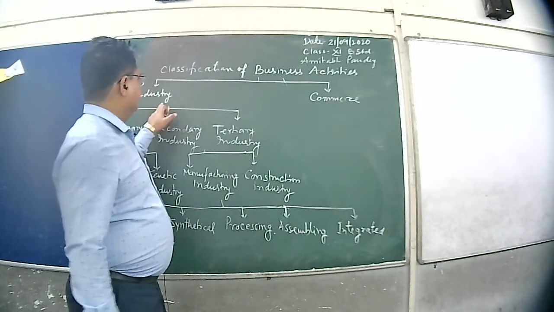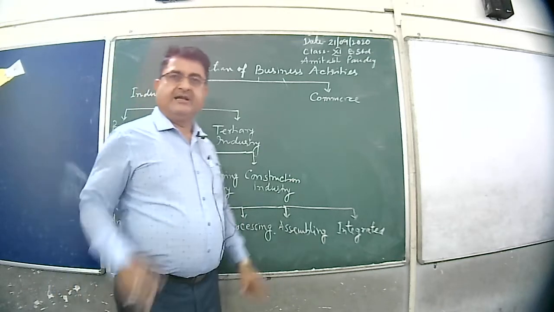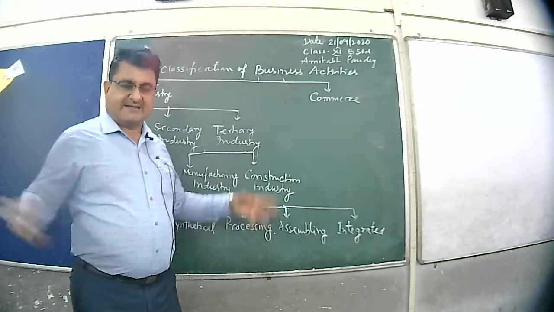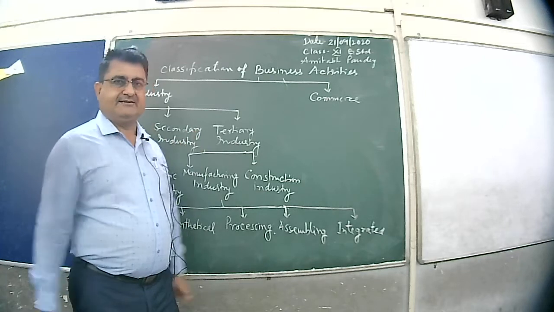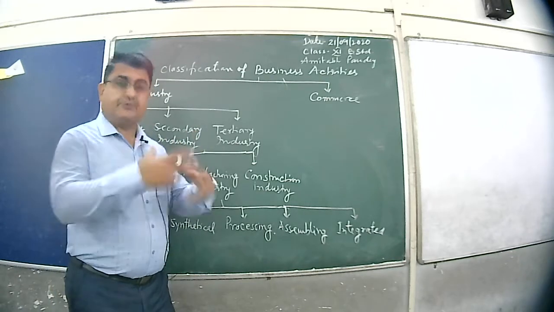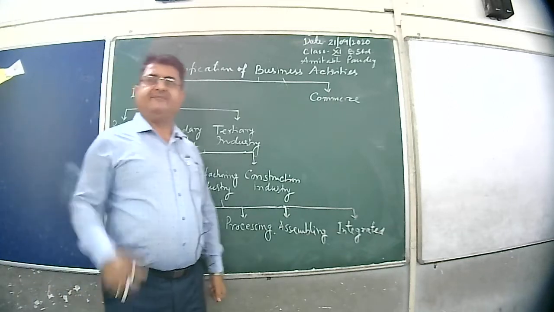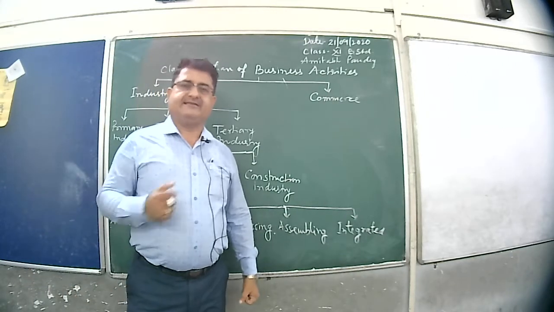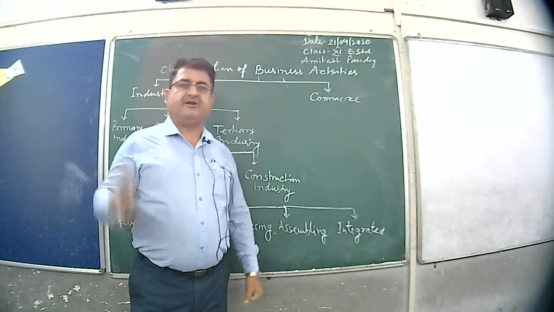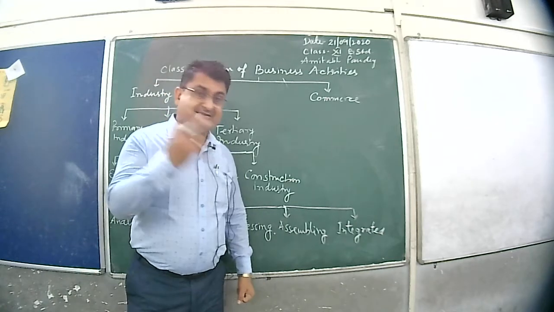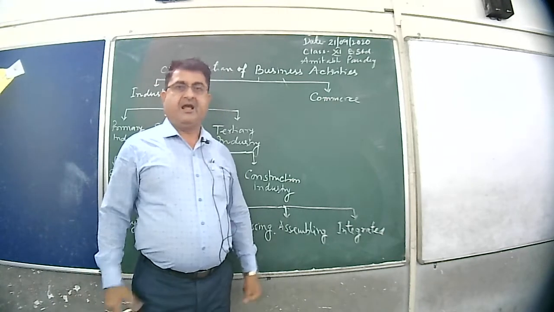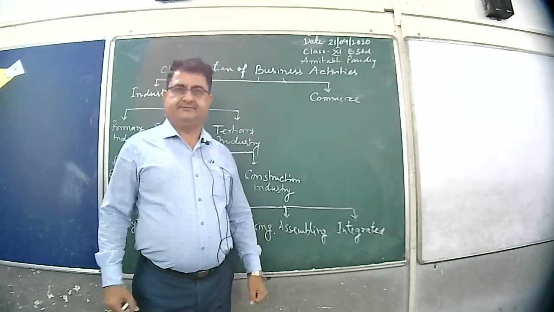As you know, industry refers to the sum total of all those activities which tend to create form utility. Form utility means in industry, various raw materials, various inputs are mixed together.